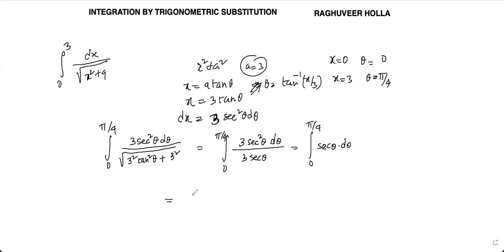Which is equal to ln of secant theta plus tan theta, from 0 to pi by 4.